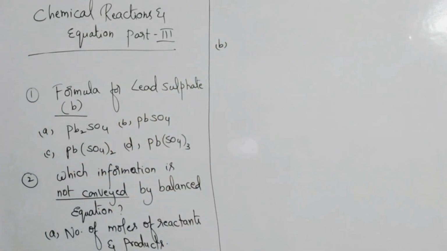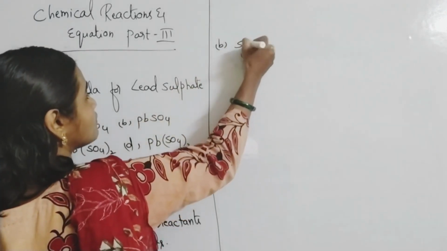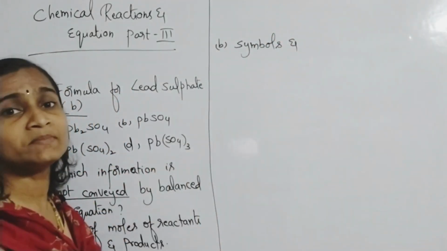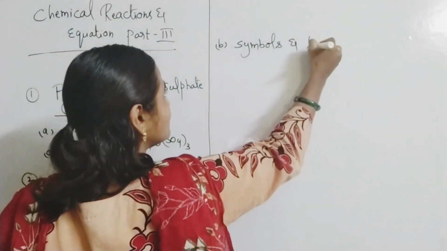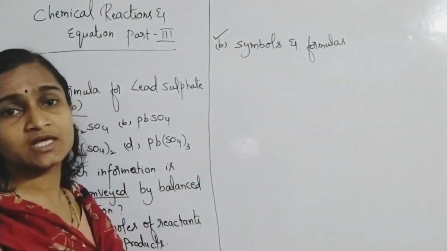Option B, what is given? Symbols and formulas. Option C, number of atoms and molecules. Symbols and formulas, a balanced equation conveys that. That is also correct, no? It is a symbolic representation of a chemical change, isn't it?